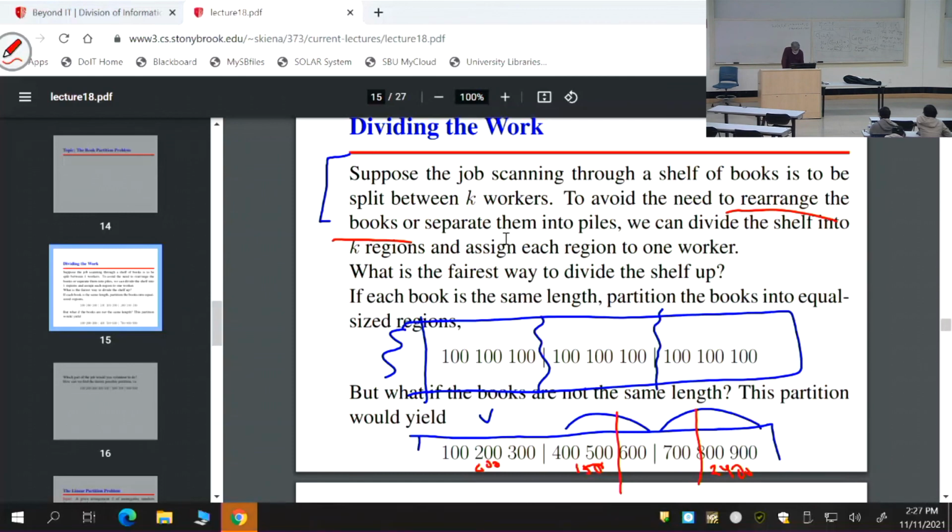So it would have ranged from 600 to 2,400 in the old world. How would it work under his proposed scheme? The first one's 1,500, right? The second one's 1,300. The last one is 1,700. Does everybody see that that's a much fairer thing? Okay. How do we find the fairest way of doing that division?